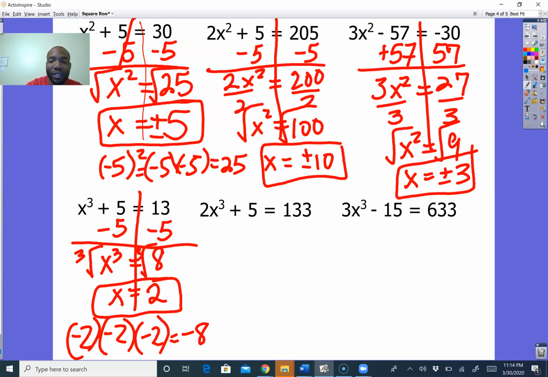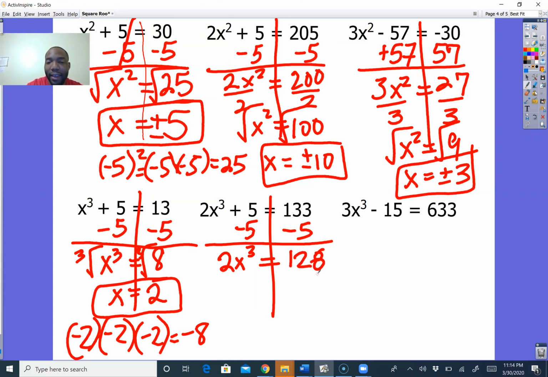All right, so coming over here, I will subtract 5 from both sides. We get 2x cubed is equal to, what is that? 128. And now we divide by 2.